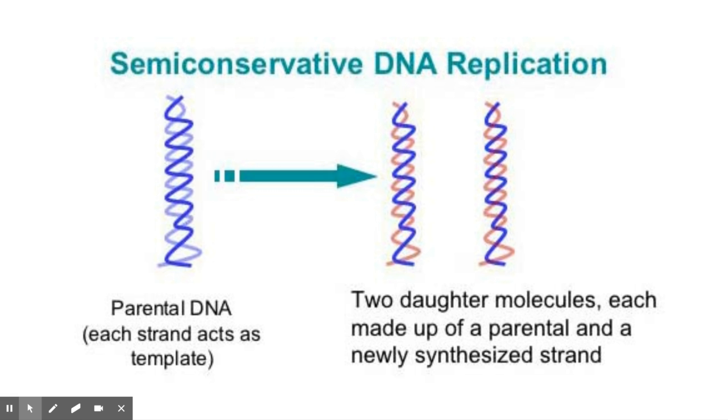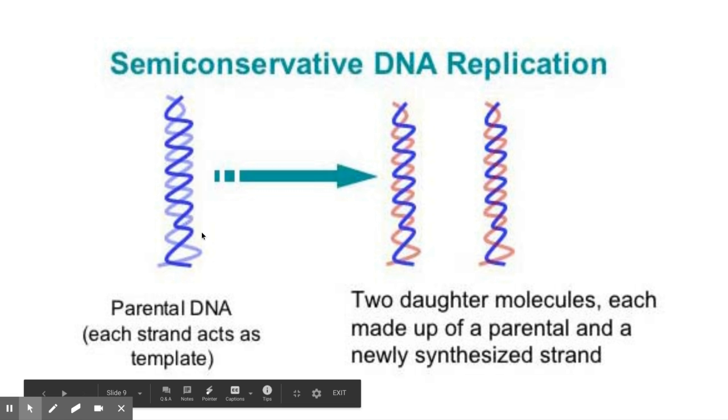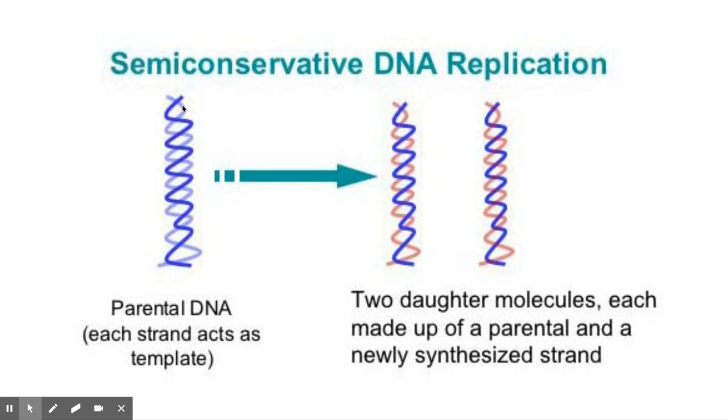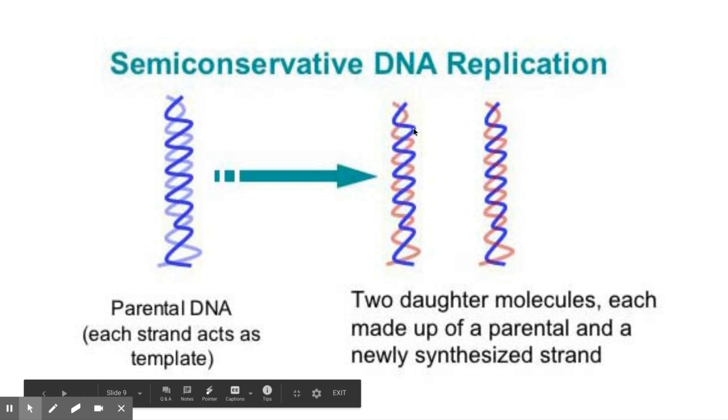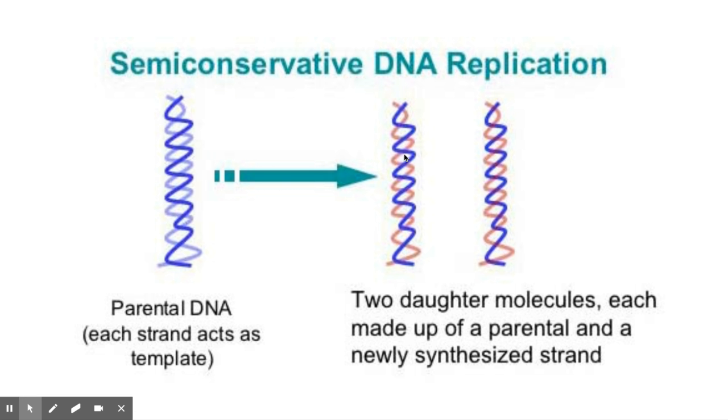There's this semi-conservative DNA replication model where you have our all blue parent DNA here. It acts as a template strand. It splits apart, and then each one has a new strand added. And that's just simply how it is. So we have two daughter molecules, each with an original parent strand and a new strand.